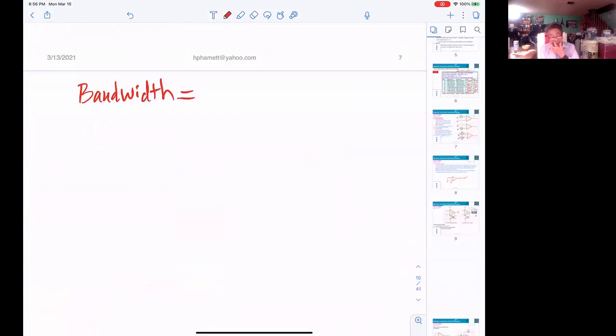Okay, asking you about the bandwidth. What is the bandwidth? Low side, high side, center carrier.